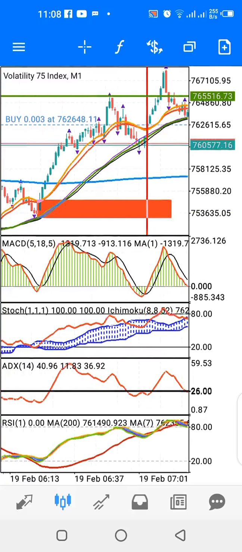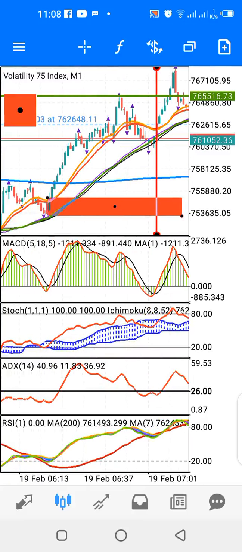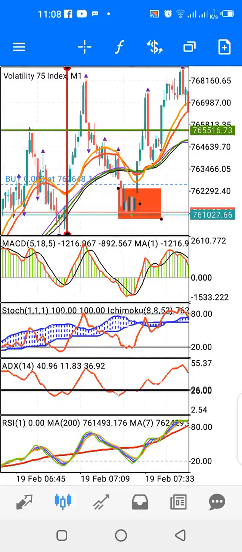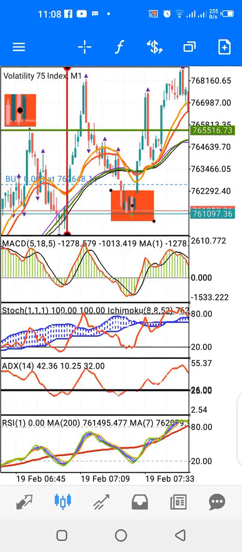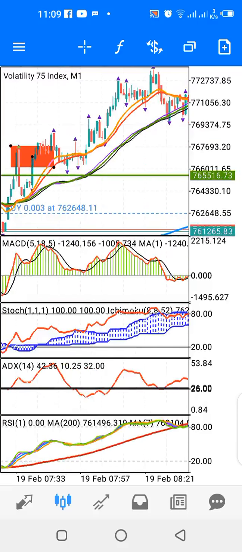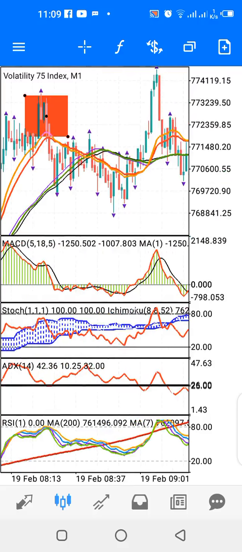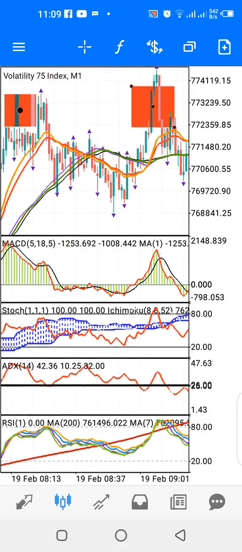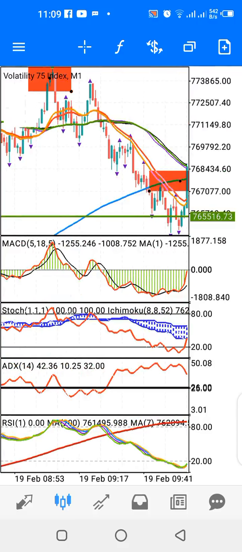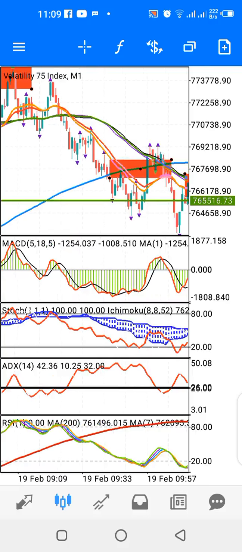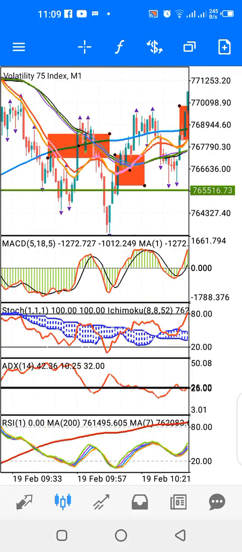This particular area is our stop loss. It dipped, then continued upwards up to this point, and also dipped and continued upward up to this point until we have a trend change.